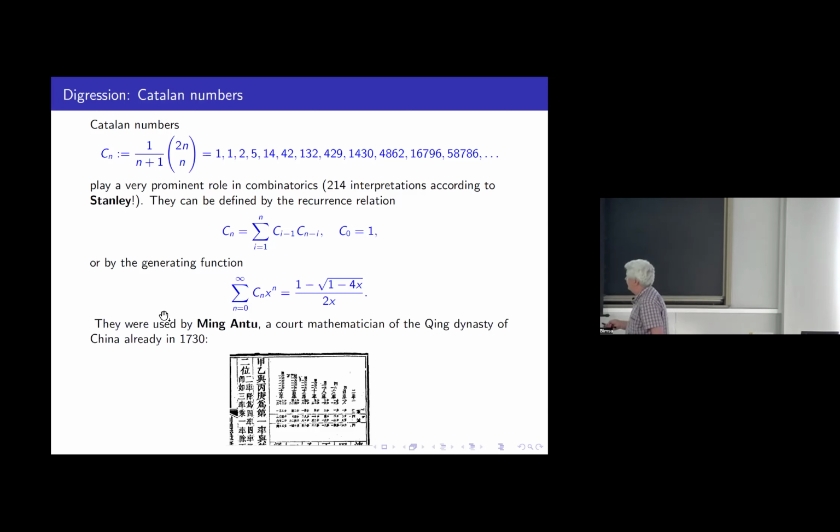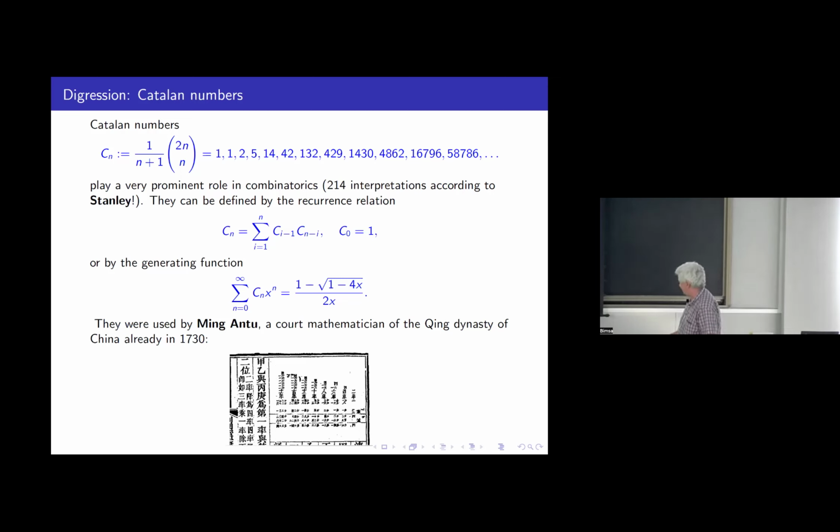Now, funnily enough, it's not, of course, Catalan. According to Arnold, all the terminology and attribution in mathematics are completely wrong. It was known at least to Ming Antu, a mathematician of the Qing dynasty, in a book of 1730. And these are the numbers, I think: 1, 2, 5, 14, 42, 132.